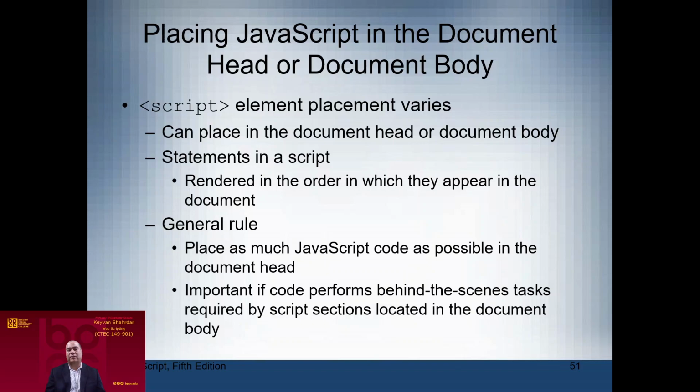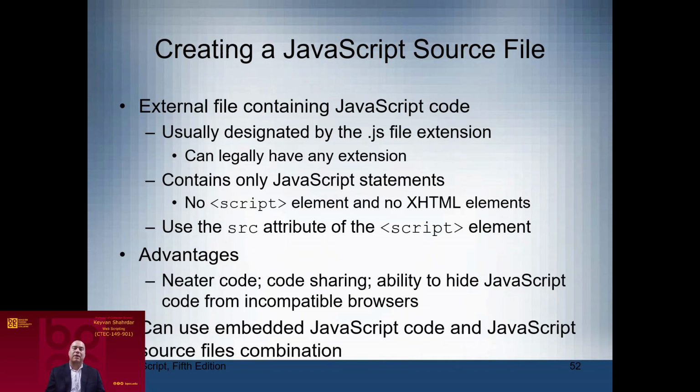General rule: place as much JavaScript code as possible in the document head. Important if code performs behind-the-scenes tasks required by script sections located in the document body. External files containing JavaScript code are usually designated by the JS file extension, but can legally have any extension.